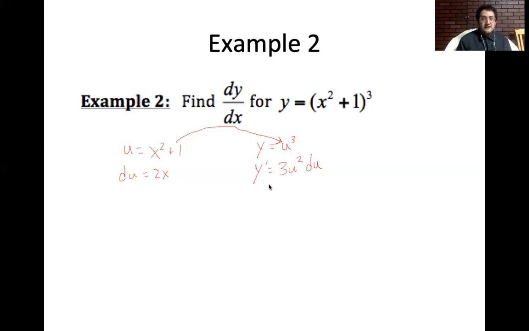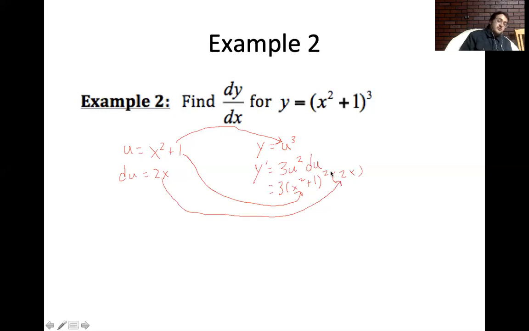And then we just substitute. So I have 3, and then my u is just x squared plus 1. And then my du is 2x. And we just put in our expression with x's in. And then my du just comes from the fact that my derivative was 2x.